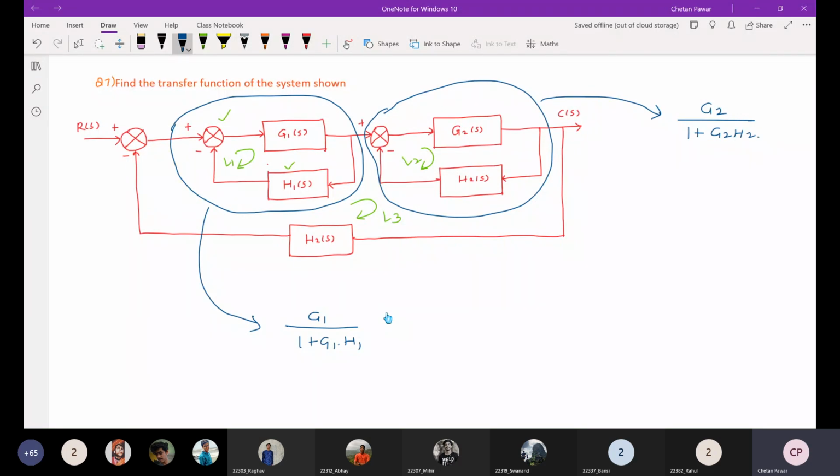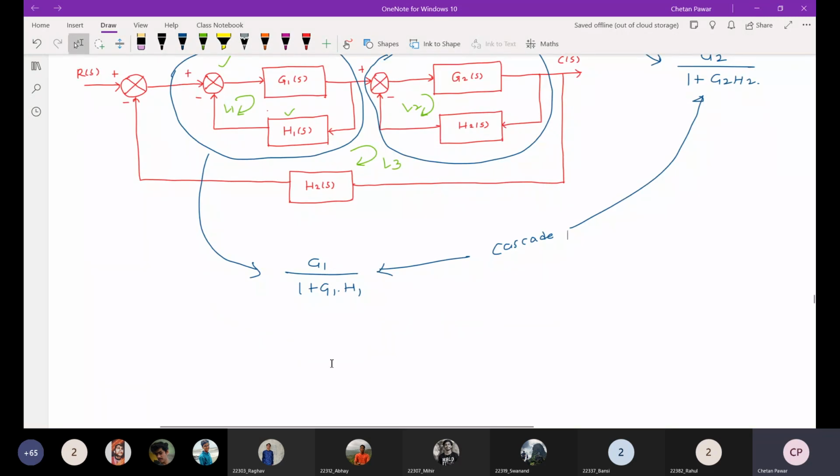Now these two blocks are in cascade, so you can just multiply them and find out the overall block.